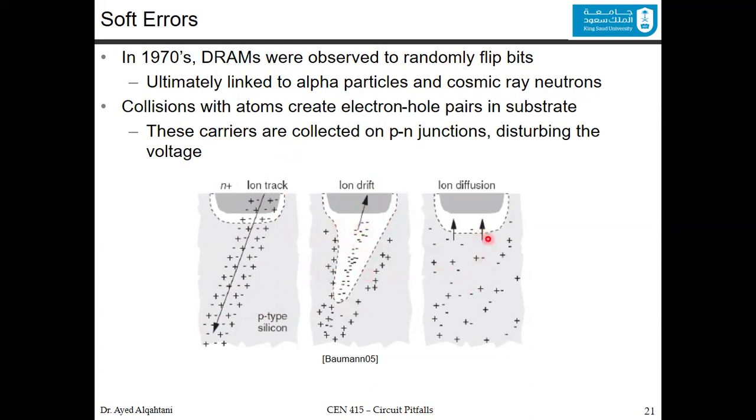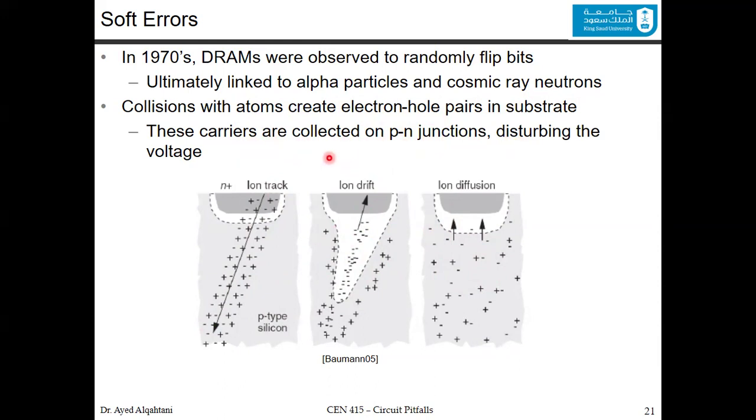With time, it disappears, and the diffusions and the regions go back to their normal place. So collision with atoms creates electron hole pairs in the substrate, and these carriers are collected on the p-n junction, disturbing the voltage for quite a while.